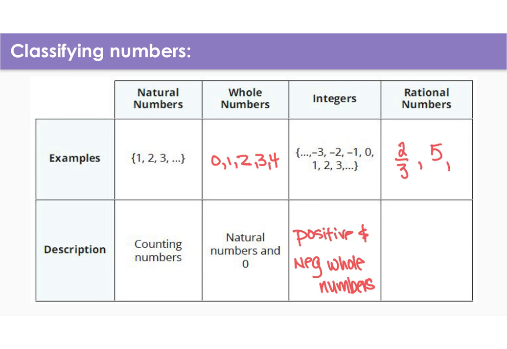And it could be, let's say, 1 1/5. So the description is any number that can be written as a fraction.